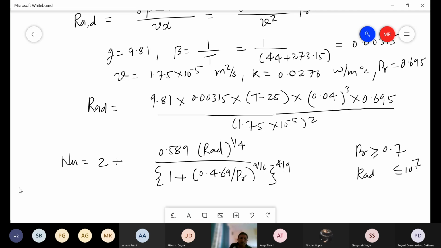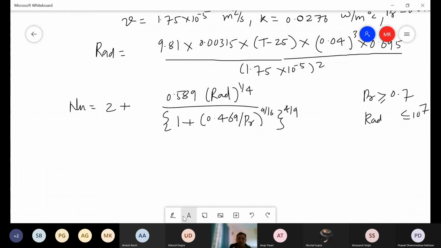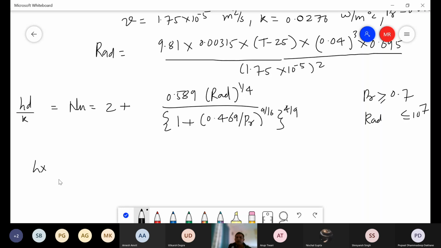So Nusselt number will be hD by k. So that also we can put, h into D, D is 0.04, k is 0.0276. So this is the Nusselt number, 2 plus 0.589. This entire thing we can calculate in terms of T minus 25.